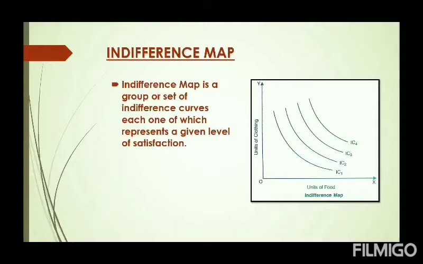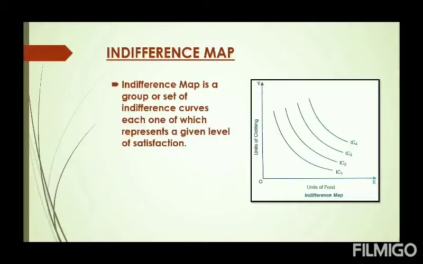Each one of this indifference curve shows a particular different level of satisfaction. All the points on a particular indifference curve indicates different combination of food and clothes, which gives the same level of satisfaction. But different indifference curves shows different level of satisfaction. And this is again a property of IC, which we will discuss in our next part, that IC4 is giving the highest level of satisfaction.